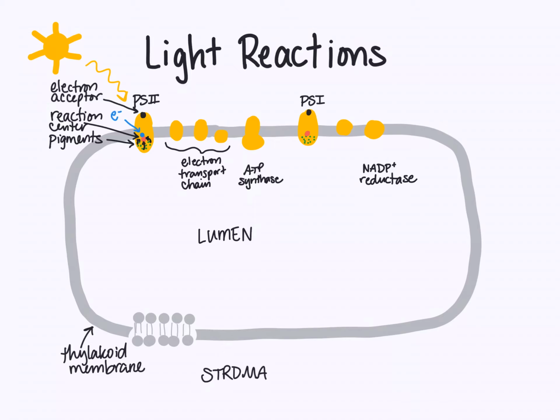And so it actually jumps to a higher energy state, and it's going to get picked up by an electron acceptor molecule. That electron acceptor molecule is then going to pass the electron through the electron transport chain.